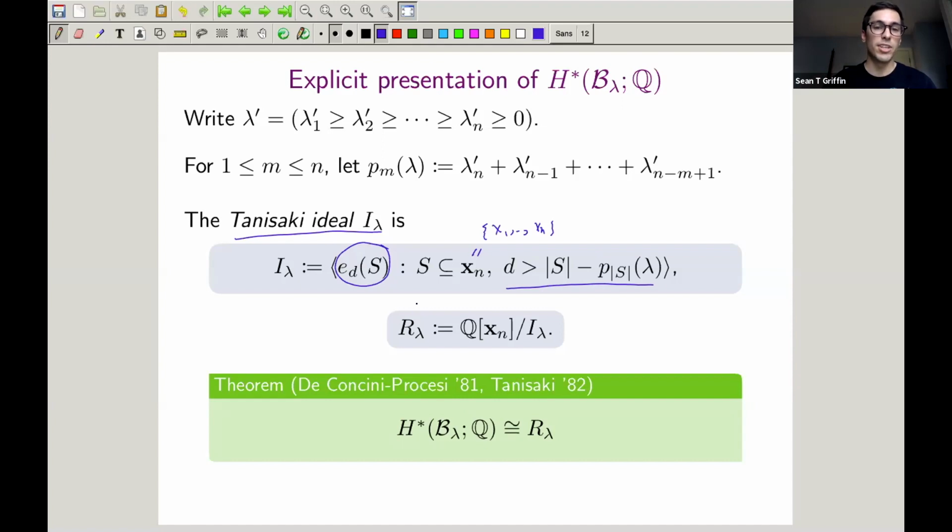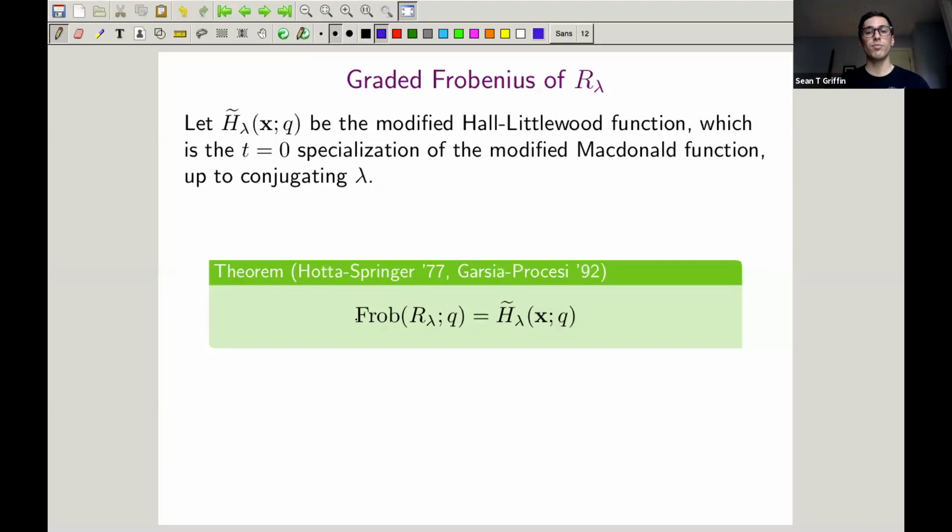And R_lambda is just the corresponding quotient ring. So De Concini and Procesi and Tanisaki were able to prove that this cohomology ring is isomorphic to this explicit presentation. And why do algebraic combinatorialists care about this ring? It turns out that its graded Frobenius characteristic has this very beautiful formula.